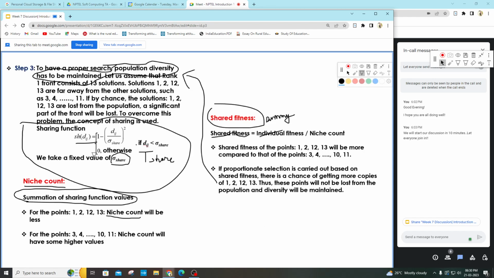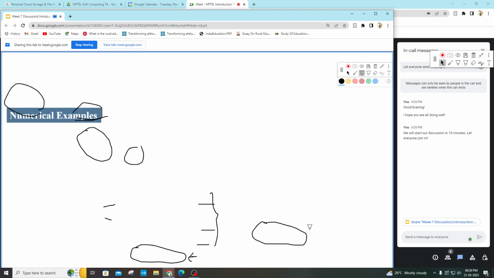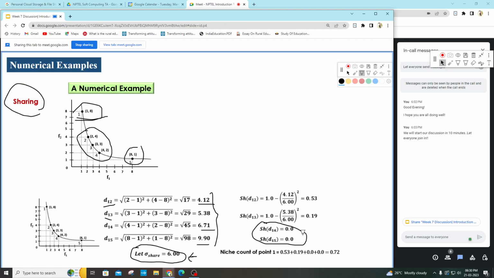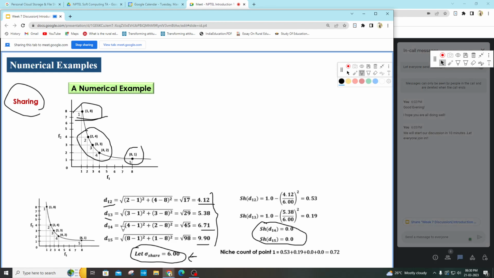The first formula is applicable whenever the Euclidean distance is less than sigma share, but when it is more than sigma share, your answer will be 0. So you can see that D14 and D15 are greater than 6, which is why the sharing function for D14 and D15 is 0.